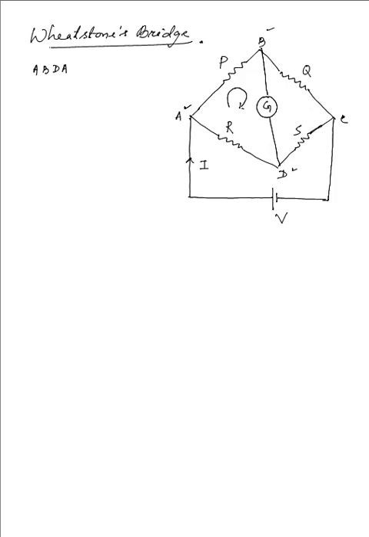Now what we do is we start off with KCL. The current that is entering the junction A gets distributed.